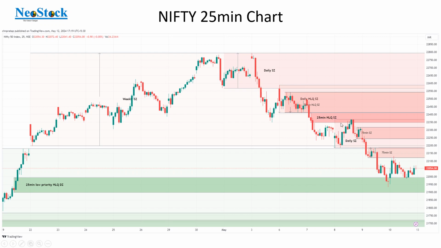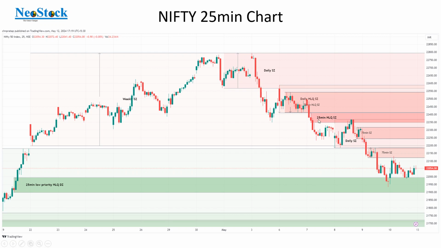The reason is this entire daily supply zone is created from this 25 minute high liquidity supply zone. It picked up the orders and then this zone was created. That means the 25 minute high liquidity supply zone might have some sufficient order flow, some good order flow. The lower time frame zone is the origin, or responsible for the creation, of the higher time frame zone.